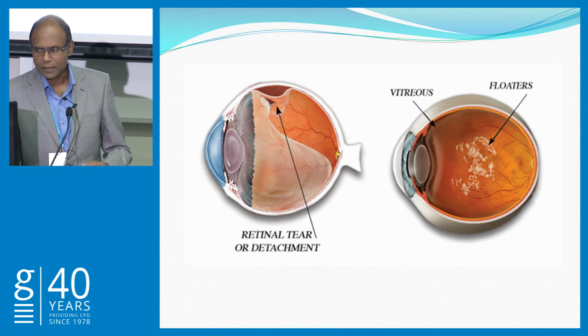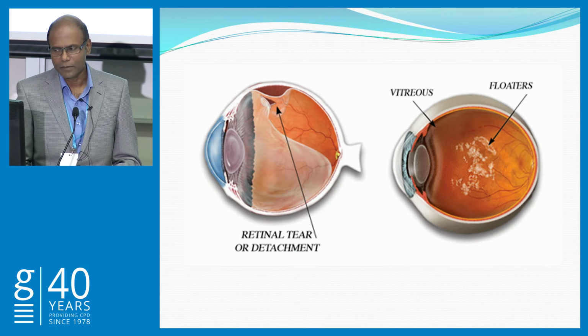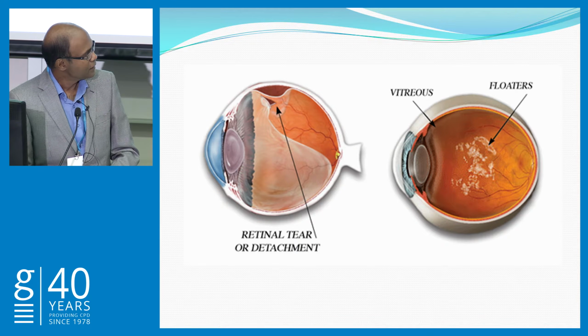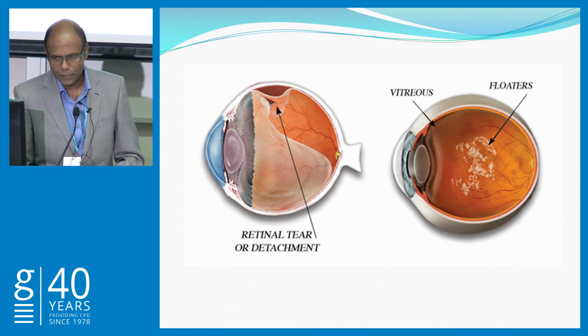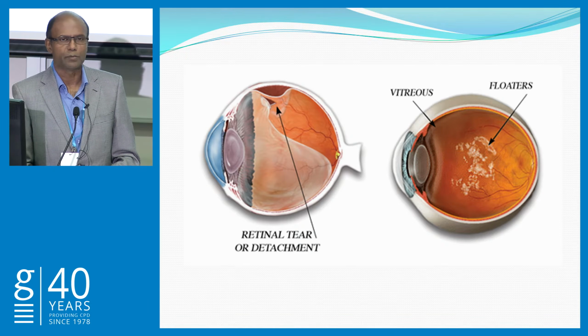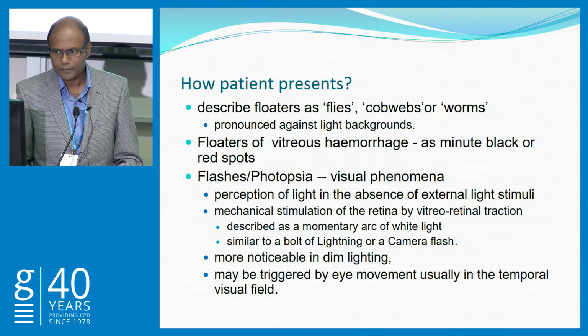By looking at the next diagram, you can see that it is associated with retinal detachment. That's the main thing, because retinal detachment is a blinding condition if you don't attend on time. So that's the reason we have to act on time.